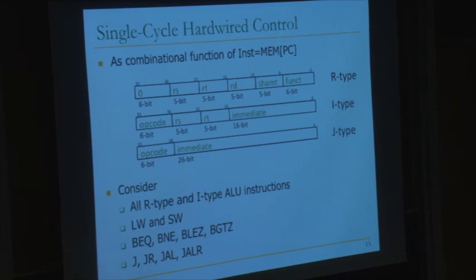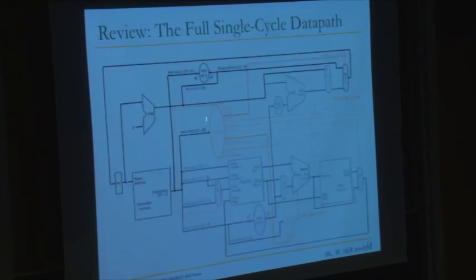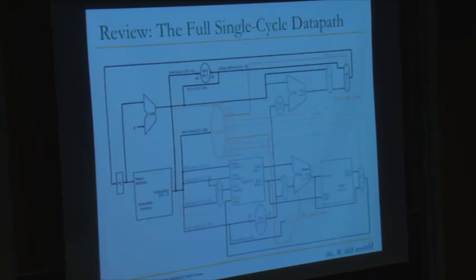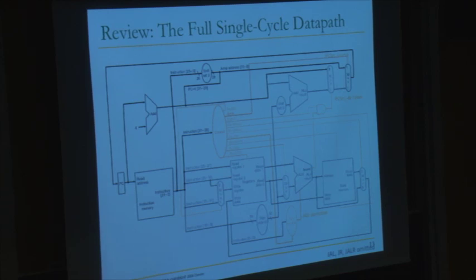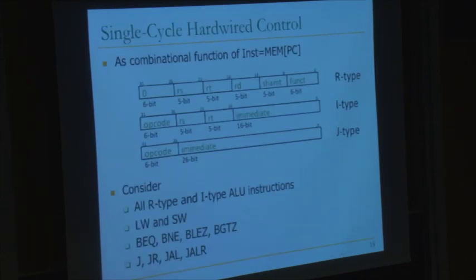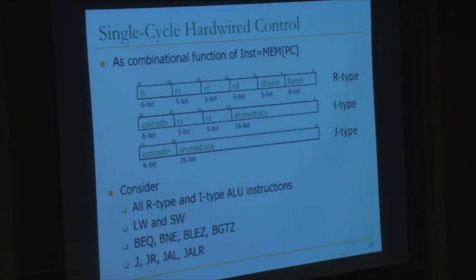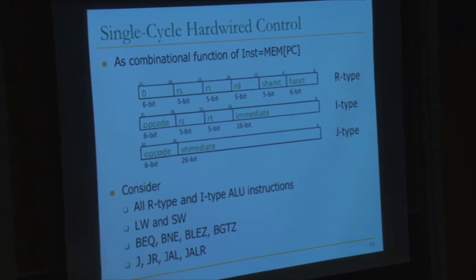Basically, you take the instruction bytes and have a big combinational logic that provides you the control signals. That's what this control logic is. And your job in the first lab is to output the signals coming out of that combinational logic, as well as design that combinational logic.